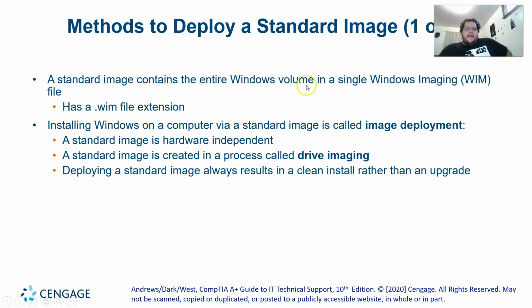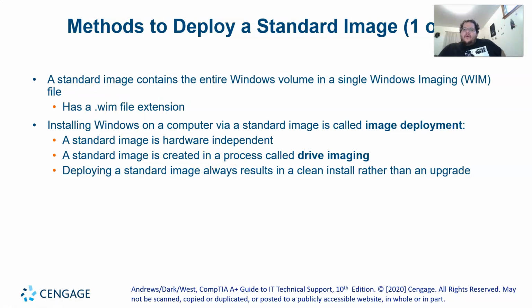So the method of deploying all depends. Sometimes companies build what they need, like a standard image containing Windows volume single imaging. You can adjust what you want on it and then push it out.